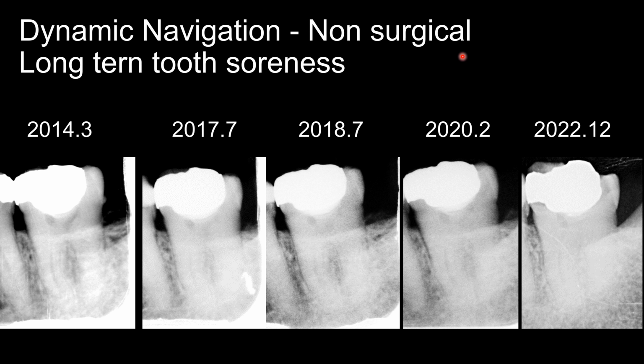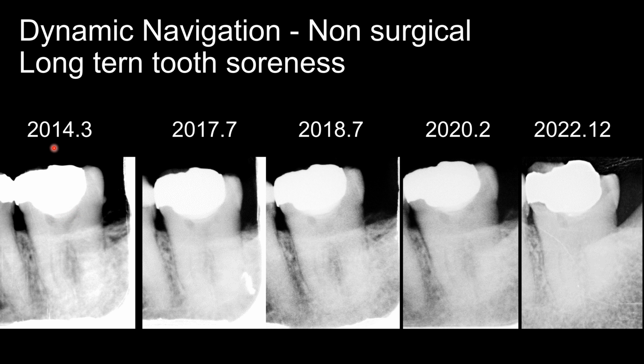Luckily, this patient was followed up by the perio department in our hospital, and the perio department took X-rays to follow the perio condition of every tooth. This patient had an amalgam restoration with IRM lining under the amalgam restoration.